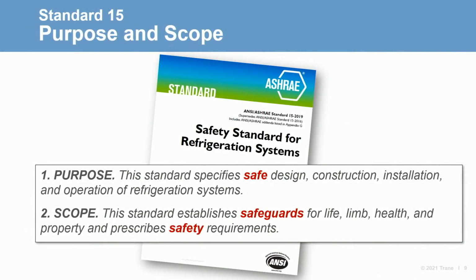Okay, so let's get into the details of Standard 15, starting with the purpose and scope. As you read these sections, notice that the focus is on safety, even in the name of the standard itself. Therefore, if you ever have difficulty interpreting a particular section, just remember the primary purpose is safety.